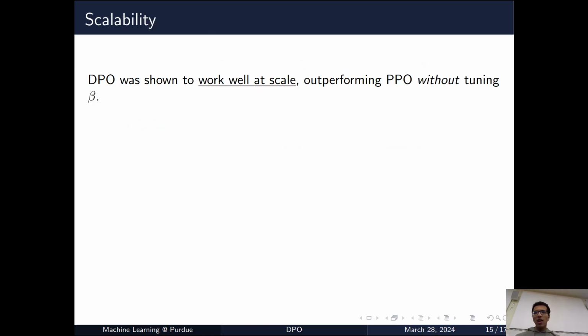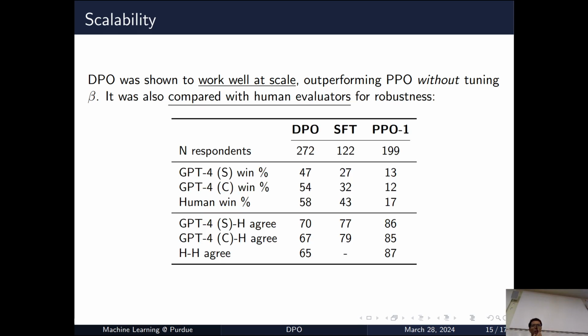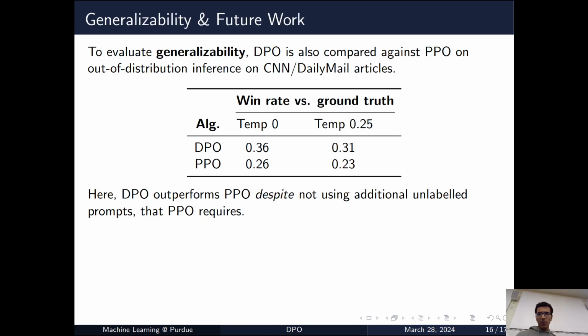Scalability: it has been shown to work well at scale, outperforming PPO without fine-tuning the hyperparameters, and they also use human evaluators to compare for robustness, and generally it is outperforming the rest, which is fantastic.